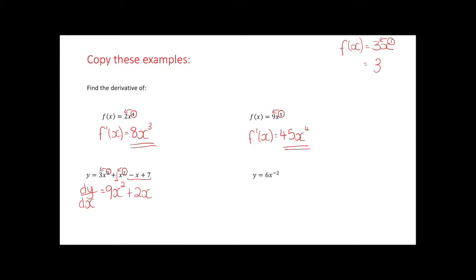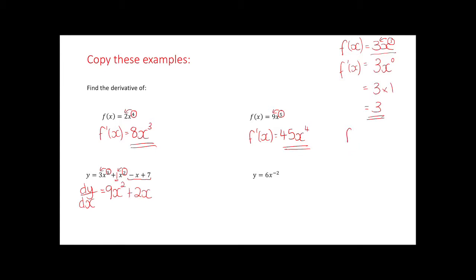The x to the power of 1, that 1 would decrease to 0. Now remember that anything to the power of 0 is just 1. So essentially what we're saying here is that we've got 3 times by 1. So keep in mind that this part here is our differentiated function, and it's just going to give us 3. So we started off with 3x. When we differentiated it, we ended up with 3.